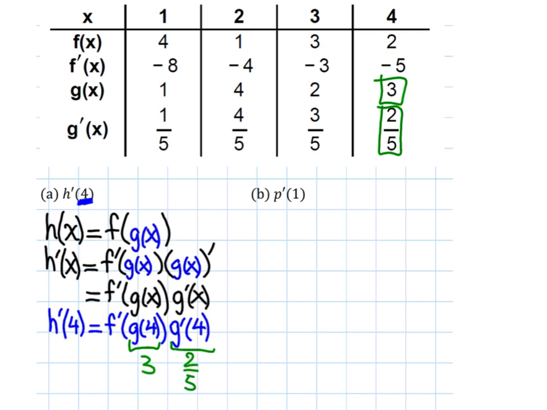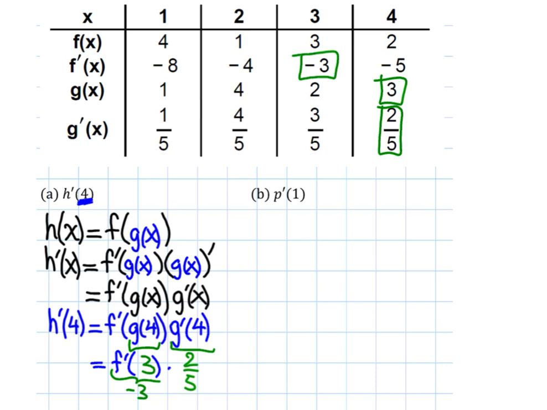And then we have the function f prime, and the derivative of f at 3 is -3. So we have -3 here.